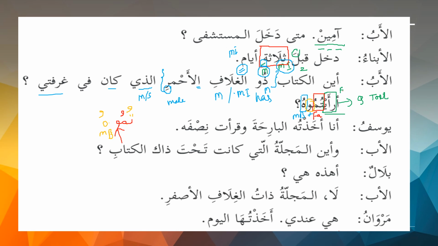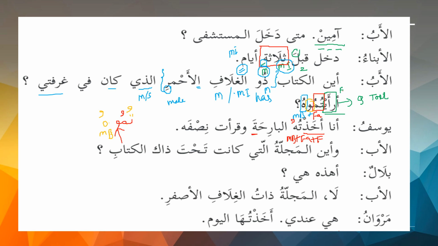So Yusuf asked one of the sons, Ana akhadtuhu al-barihata. So you can see akhadtu. So this is akhadha, the verb fail, plus tu is file, and hu is in maf'ulun bihi. So you can see the file and maf'ul bihi coming as a damir after the verb. So he says, I took it.